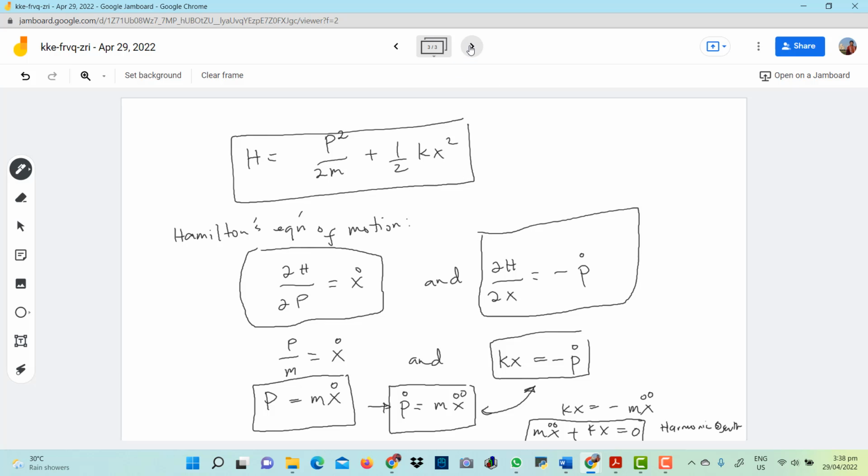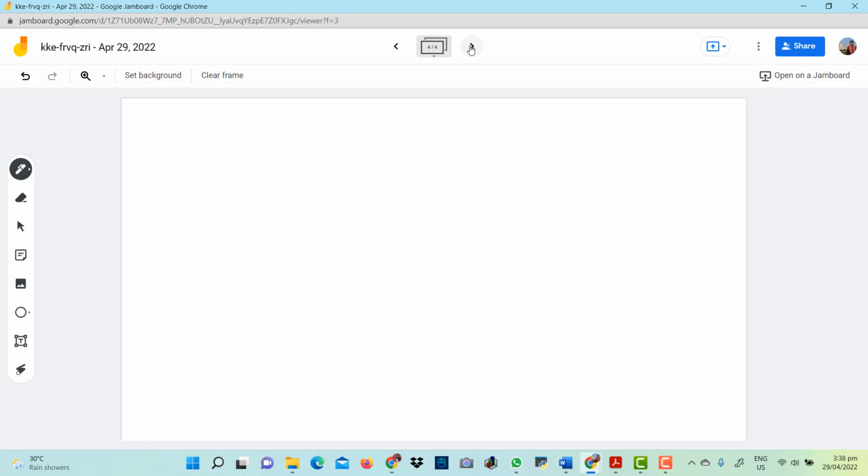Let's now answer our assignment, another example. If you remember, in your assignment I have this system, a particle, a bead, which is moving along a helix. So this is your particle with mass m, constrained to move along a smooth helix wire without friction under the influence of gravity.